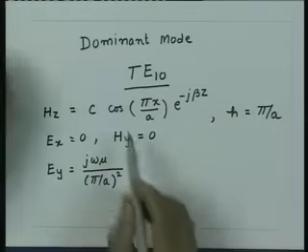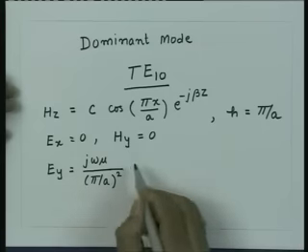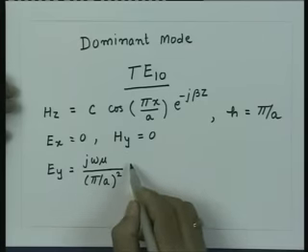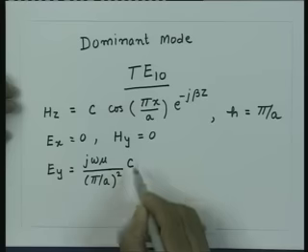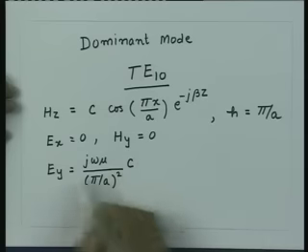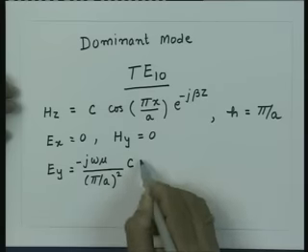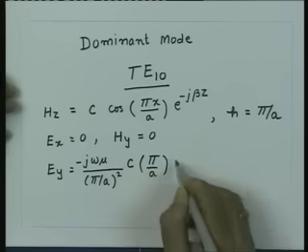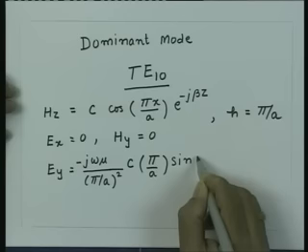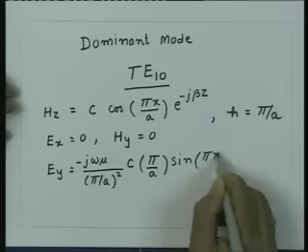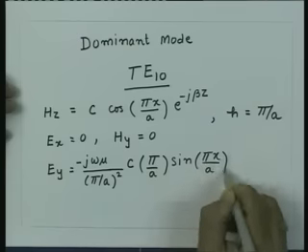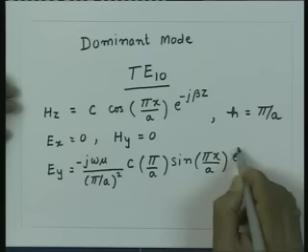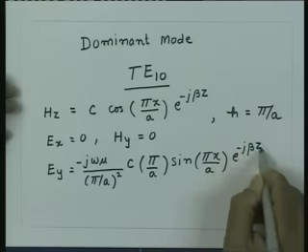This will give me c times minus pi upon a sin of pi x by a e to the power minus j beta z.